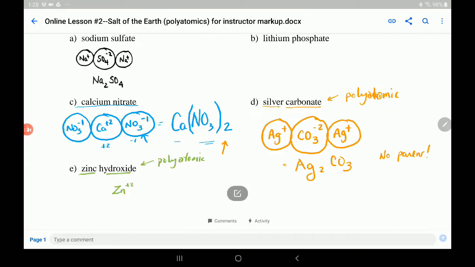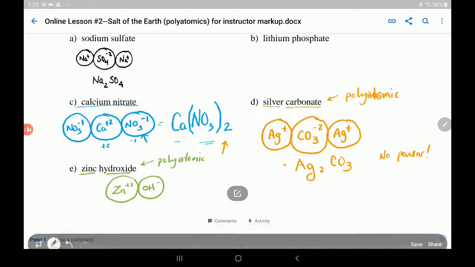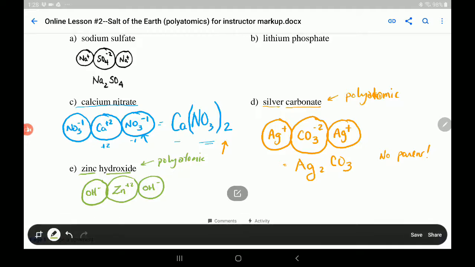Zn is a +2 ion, zinc. Hydroxide is OH. That's 2 atoms, oxygen and hydrogen. Charge is -1. So that means I do need a second OH so that I have 2 negatives to go with the 2 positives.